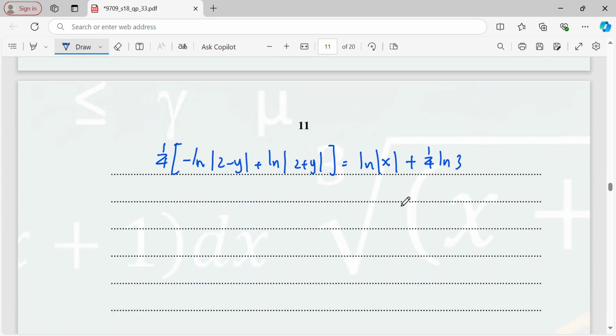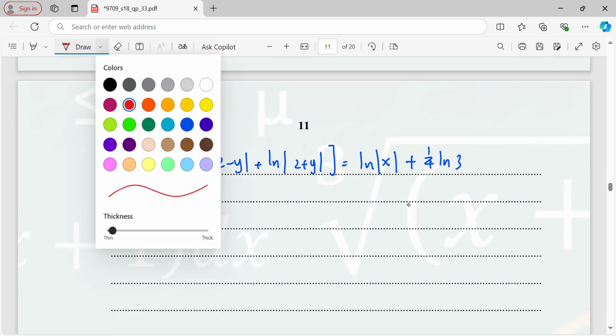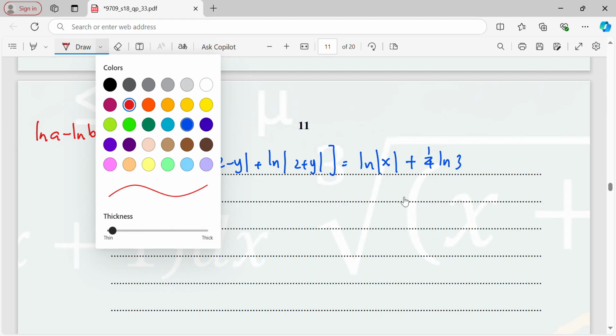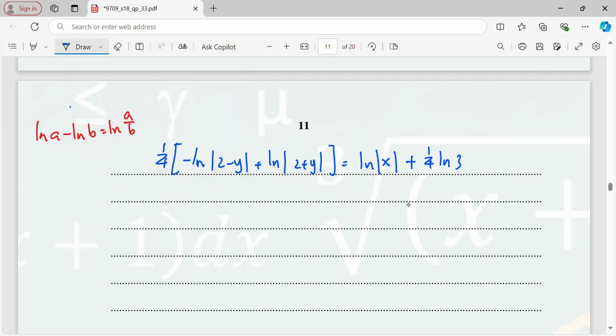Okay, so we have one identity: ln a minus ln b is ln a over b. Now I have to times the whole equation by 4 first, because I want to eliminate the 1 over 4.